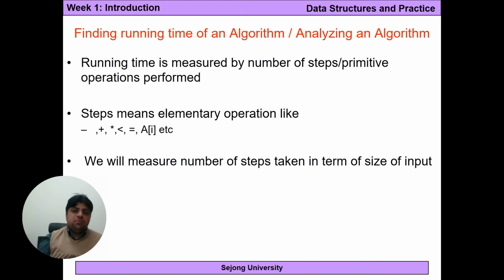Steps means elementary operations, or as I mentioned, basic operations, like minus, plus, multiply, less than, equal to, A[i], that is basically our array named A with index i. We will measure the number of steps taken in terms of the size of input. Our number of steps depends on the size of input.